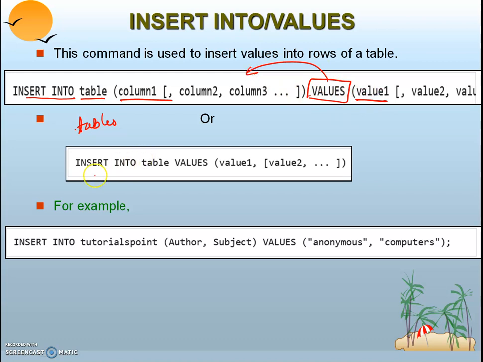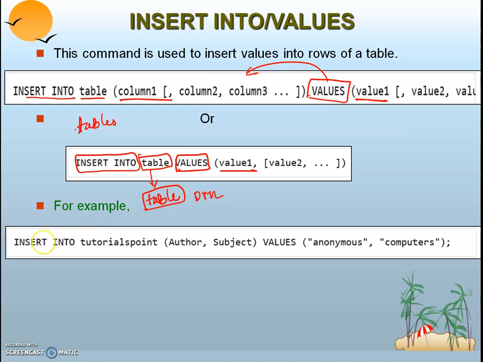This can also be written like this: insert into and mention the table name followed by the values. The data object is a table by default. Here we are not going to follow different data objects. The only data object that you are going to work with in DML is your table.